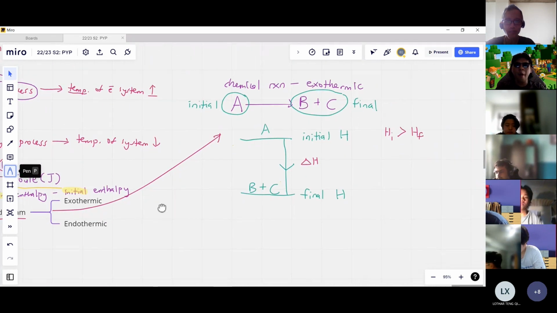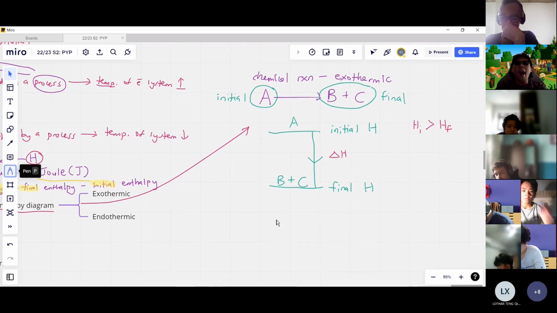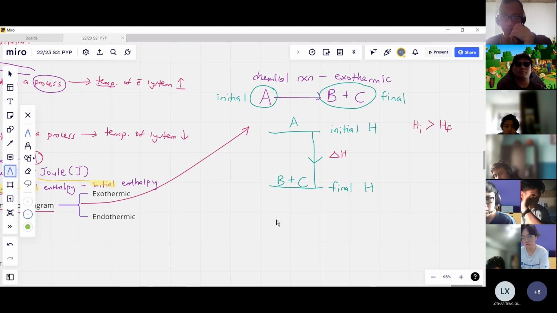Okay, let's go back here again. What can anyone tell me about this delta H, enthalpy change, for this reaction? You already know that this reaction is exothermic.